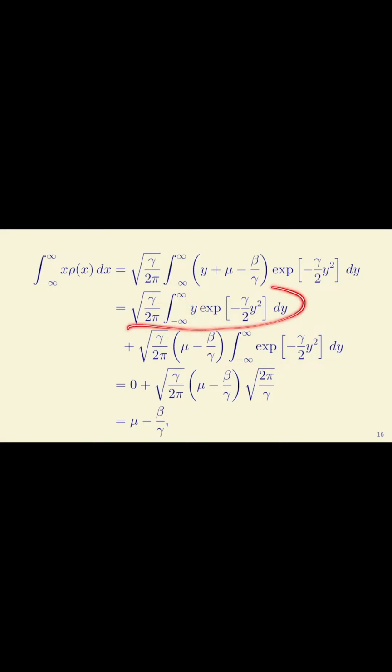The first integral is an integral of an odd function over a symmetric interval, so it evaluates to 0. The second integral is just the normalization integral we just solved, which is square root of 2 pi over gamma. So we are left with this, which simplifies to mu equals mu minus beta over gamma.